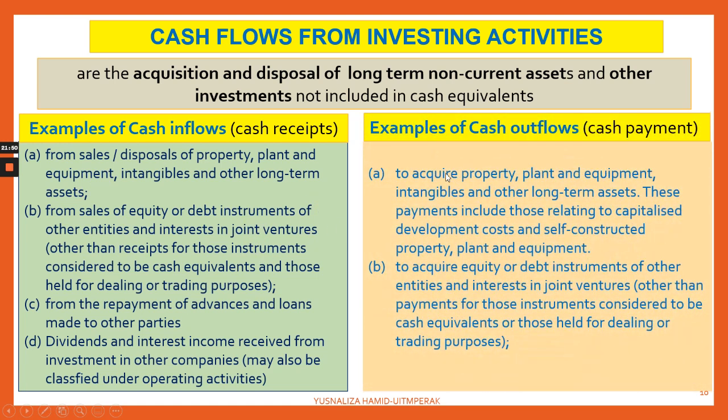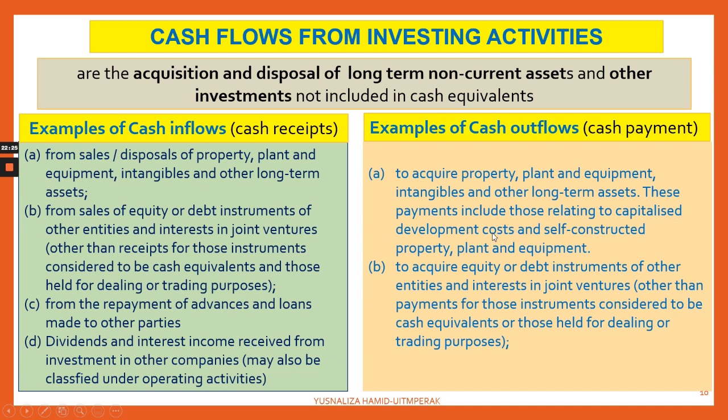Examples of cash outflows coming from investing activities are cash that you spend to acquire property, plant and equipment, intangibles, and other long-term assets like investment property and biological assets. And these payments can also include those relating to the capitalization of development costs under MFRS 138 or IAS 38 on intangible assets, where development costs that meet the capitalization criteria will be capitalized.